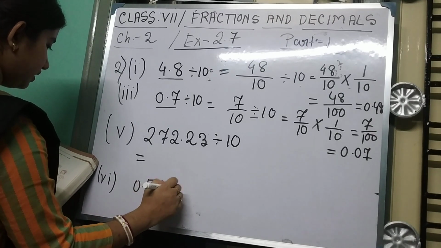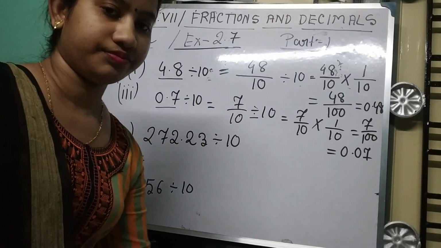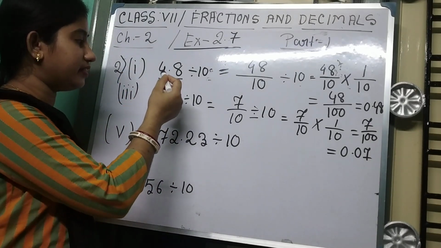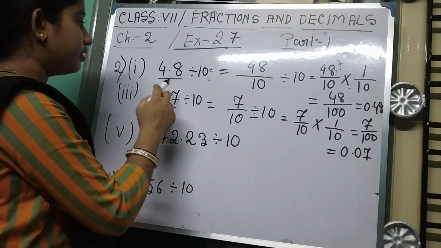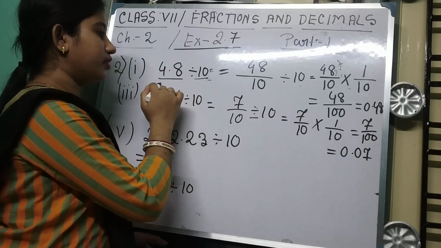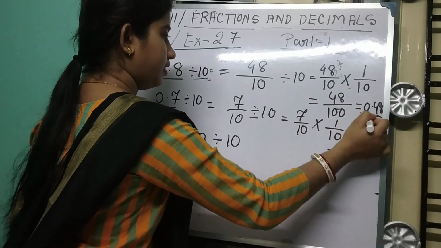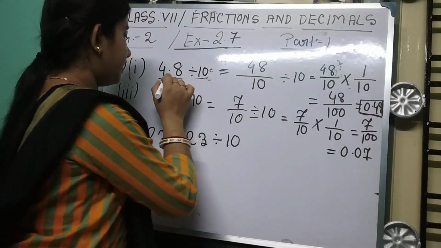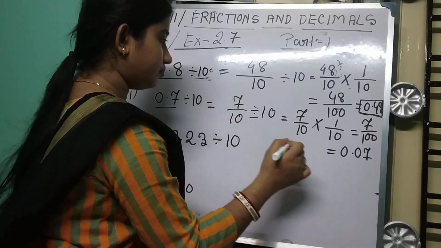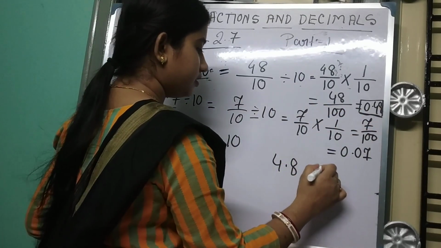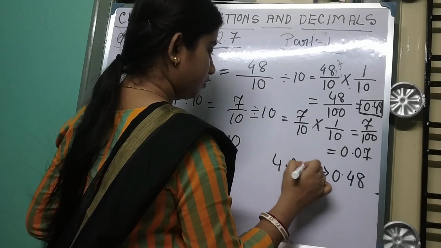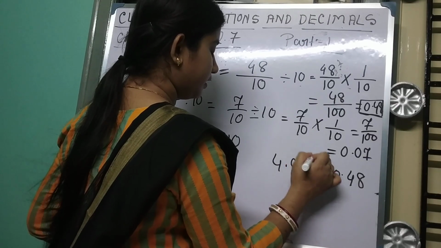Now we see that from numbers 1 and 3, if we divide a decimal number by 10, then we get this result. That means our number is 4.8 and the required value is 0.48 when divided by 10.